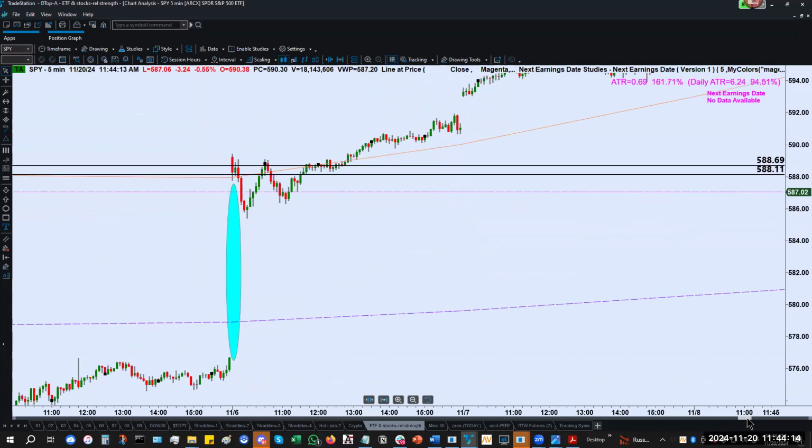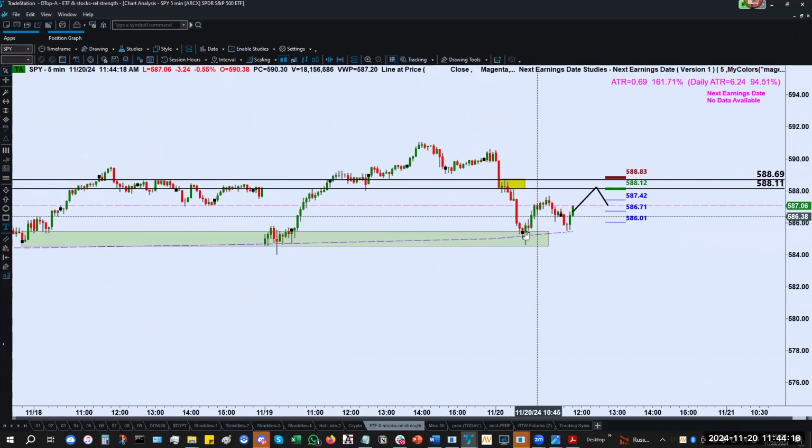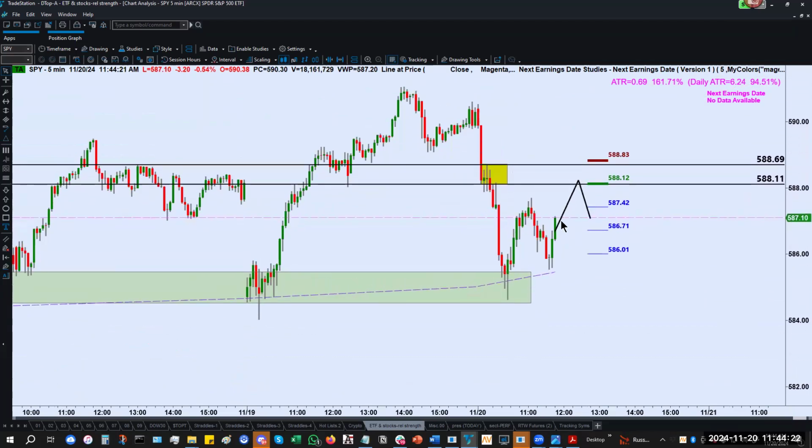But if we think about this thing here, we would have to wait for price to get there. Will it get there today? Quite possibly. You can see it's already spiking and starting to push, and it only has to go about 2 points. But the point is, we wait for the trade to come to us. And if for some reason it doesn't come to us, then we just wait till the next day.